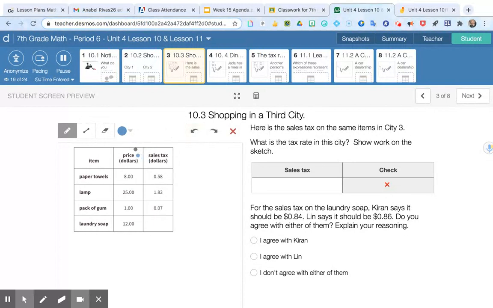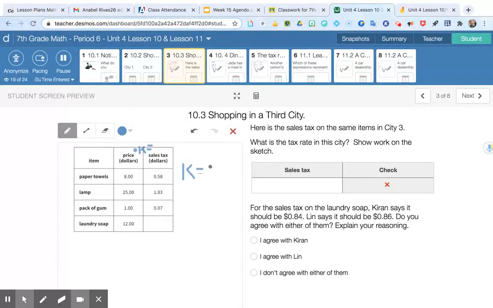I'm going to write it up here actually. So price times K, or the tax, equals the sales tax. So K, or my multiplier, is my tax.